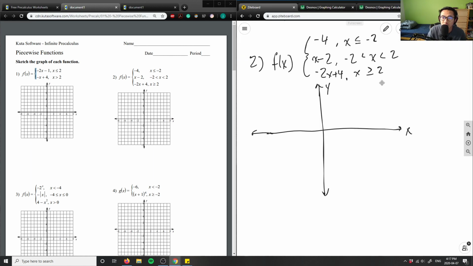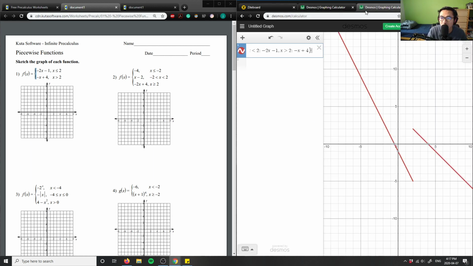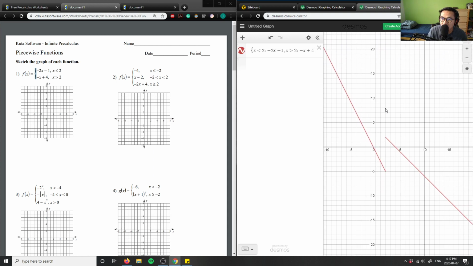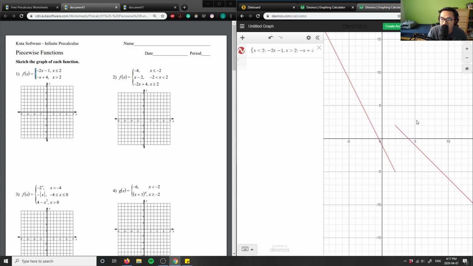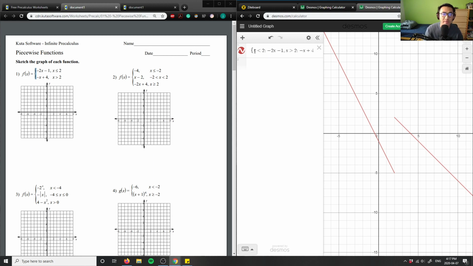Let me just show you. So pause and think about that first. I'm going to show you what I did on Desmos. Basically, it shows us this graph here, right? And this graph is actually very, very accurate. What I have is this piecewise function.